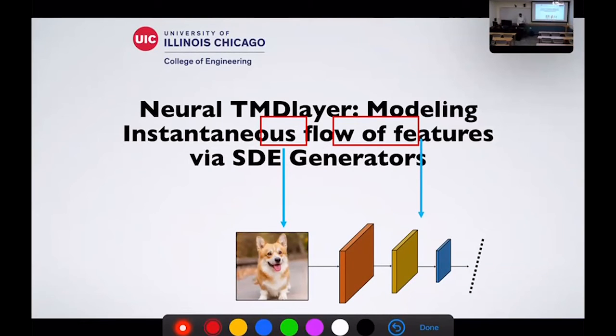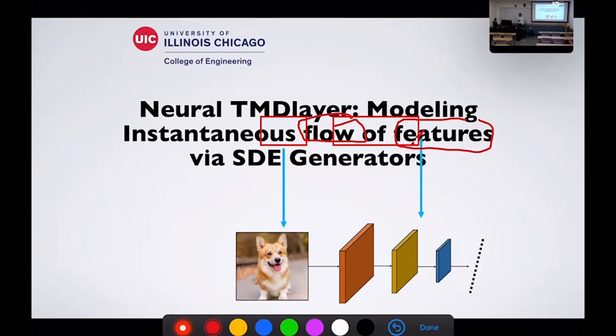The second one I want to discuss is about modeling the instantaneous flow of features. What we want is to model how the features of a neural network, as an output, change as you get more and more data.